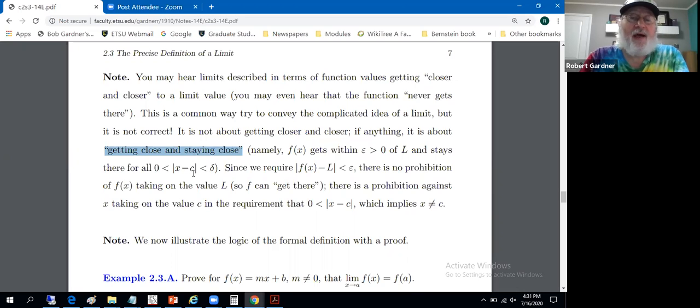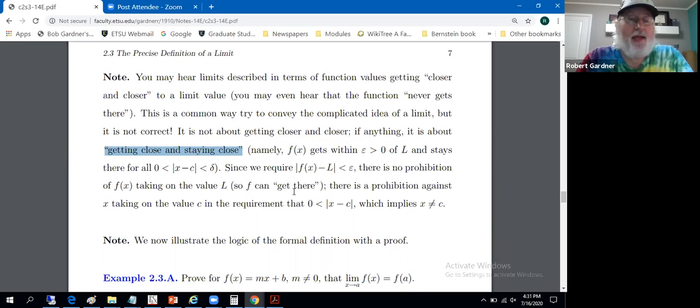For all those x values, that function will be within epsilon of the limit value L. If anything, it's about getting close and staying close. When we talk asymptotes, this getting close and staying close thing will be a little more appropriate. And it is all informal stuff. It means what it says with the epsilons and all that stuff.